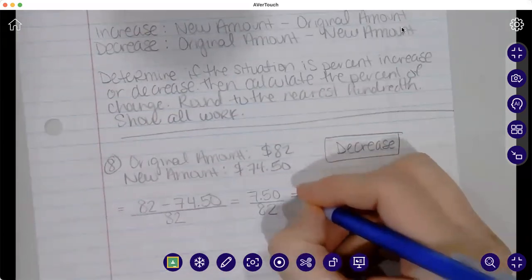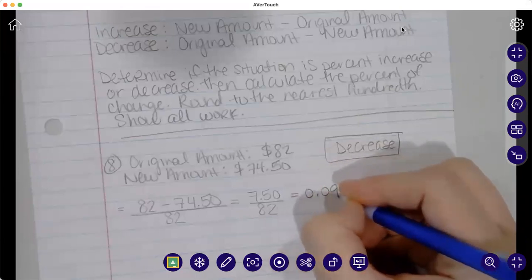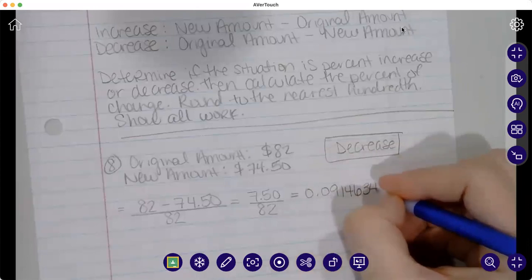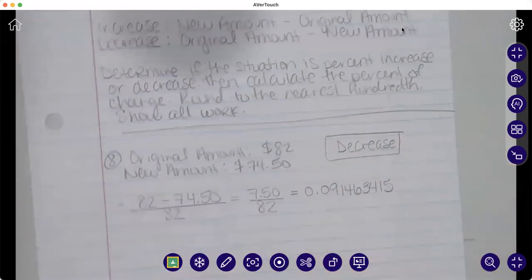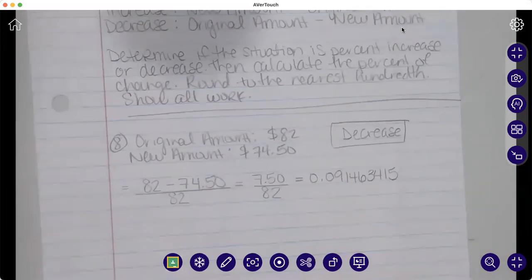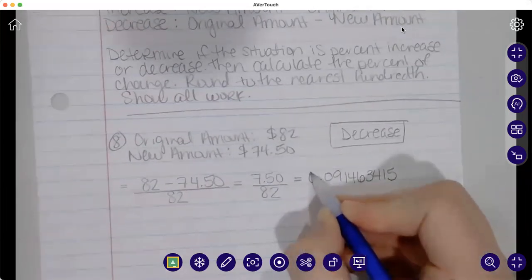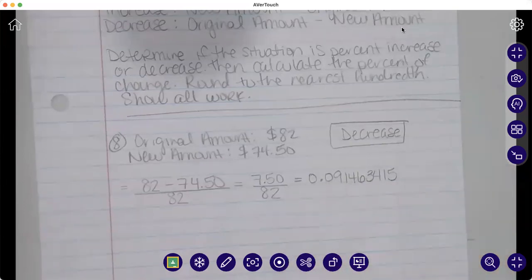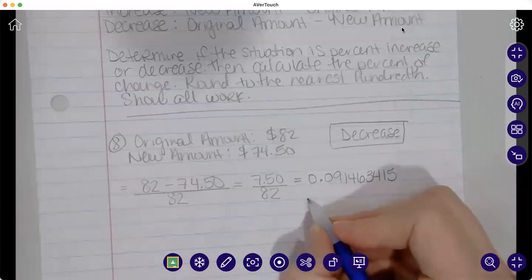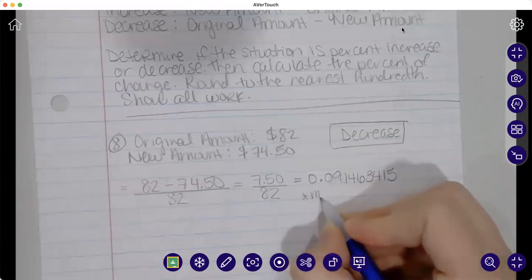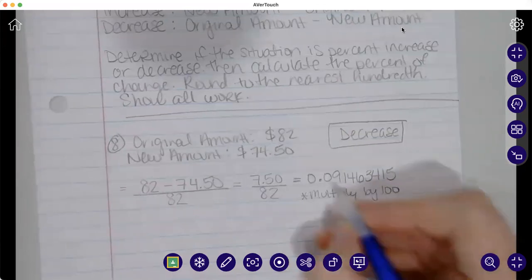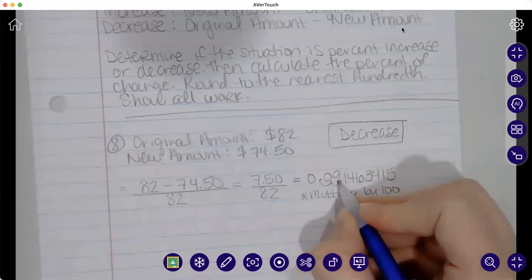Now this is going to give you a very long decimal, and it might end before this. But remember, we're just rounding to the 100th. And this is currently written as a decimal. I want to know the percent. So how do we change a decimal into percent? Well, we want to multiply by 100 or move the decimal place 2 spots.